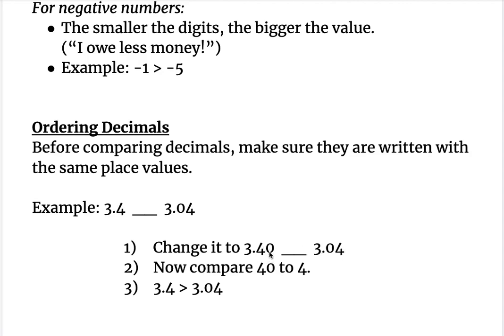And then it's easier for me to see that 40 is greater than just 4. So then I can say that 3.4, 3 and 4 tenths, is greater than, this is the bigger side on the left-hand side, greater than 3.04. So they got to have the same amount of place values. Make sure you have this in your notes before moving on.